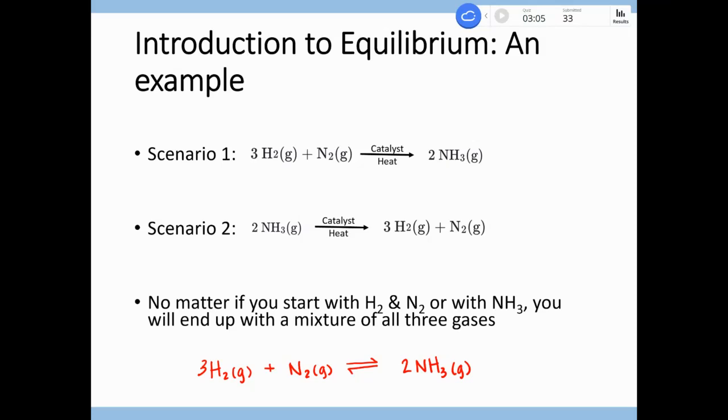And this indicates that for this reaction equation, this reaction is in equilibrium. The products are in equilibrium with the reactants. Reactants form products, products form reactants.